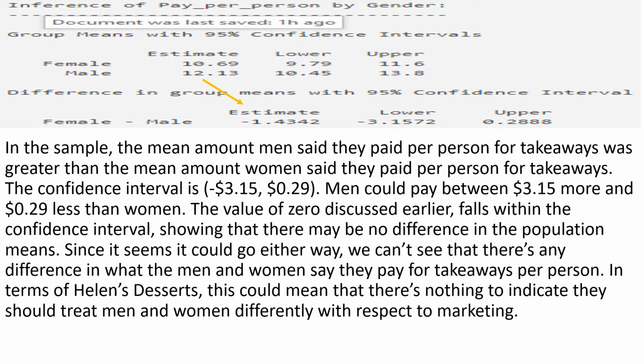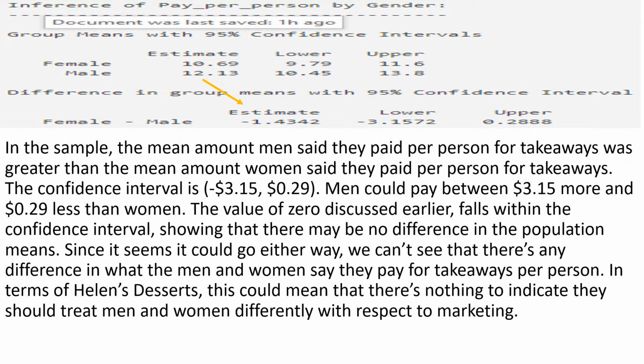So that's why we got negative numbers. But if we think about it, we will see, okay, men are actually paying the $3.15 more, and yeah, there's a probability that they can even pay 29 cents less than women.